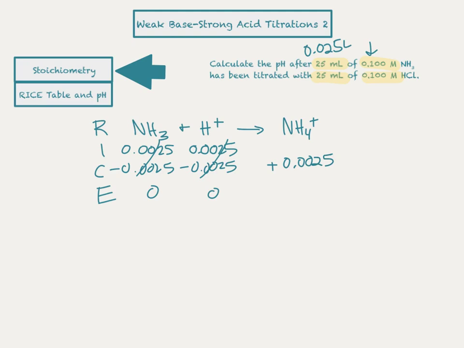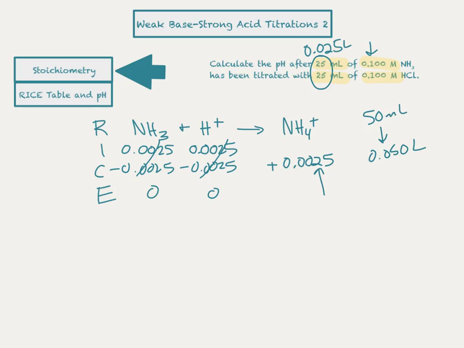Okay, so now that we have the moles of our product, our ammonium ions, we need to see what that concentration is going to be so I can stick it into a real ICE table later to see what's happening. So I know I've got 25 plus 25 milliliters. That means that my new total volume is 50 milliliters. When you change that into liters, it's 0.05.